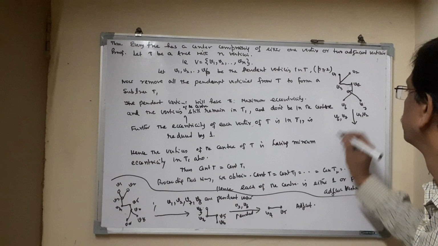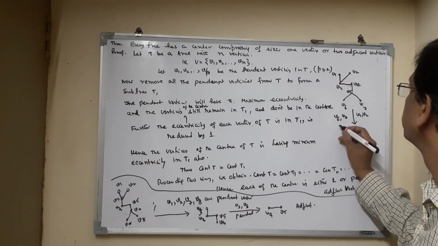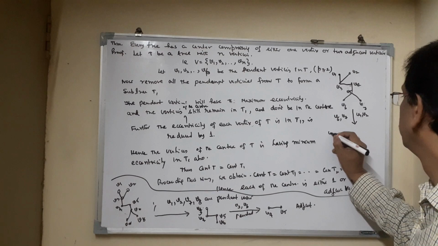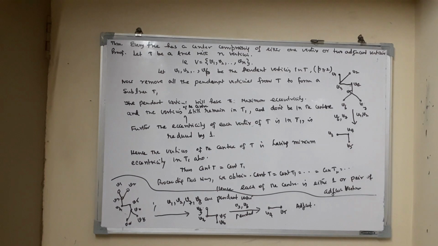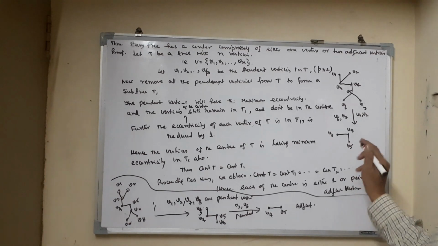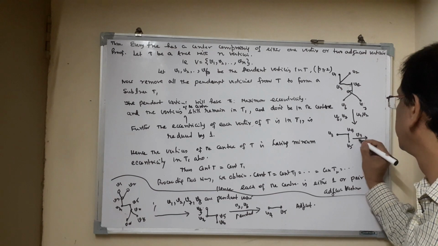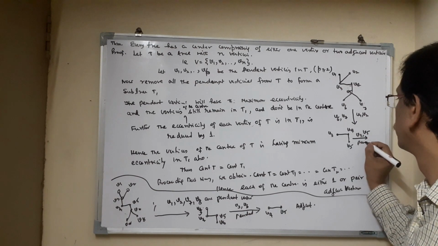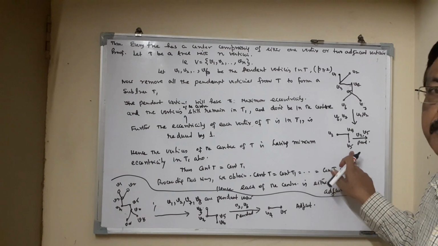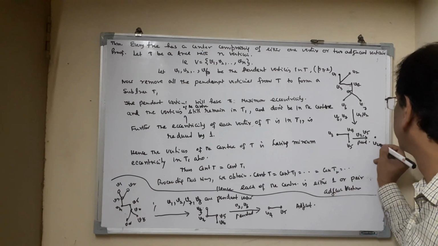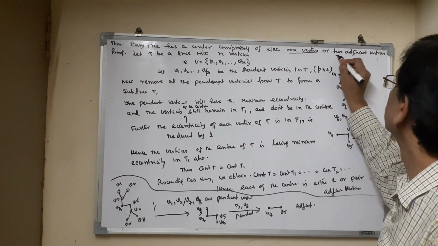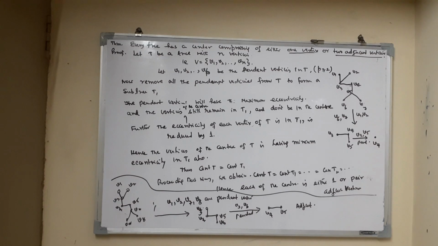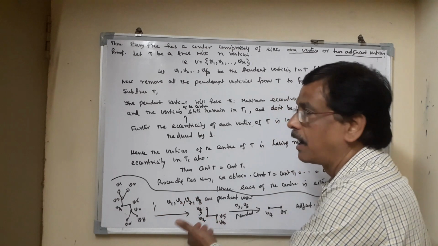So remove these two. If you remove these two, what is the graph left over? You will get V3, V4, V5. Now what are the pendant vertices? V3 and V5 are pendant. So remove V3, V5. You will be left with only one vertex. So the center comprises either one vertex or two adjacent vertices. I have given two examples, only as examples. The proof is this.